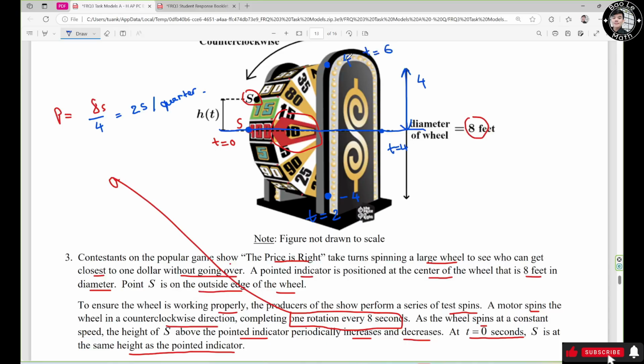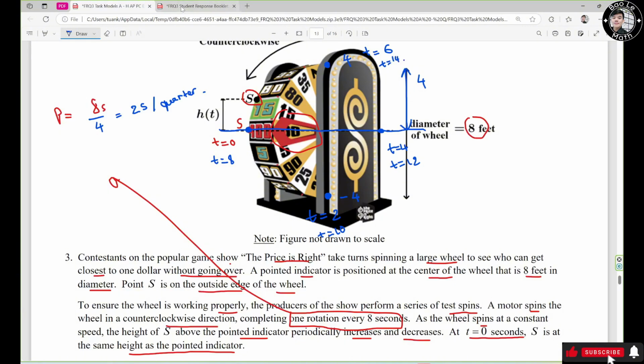The height here is 4. The height right here is 0 because it's on the midline. This one's still 0. Go back over here: t equals 8, t equals 10, t equals 12, and t equals 14.